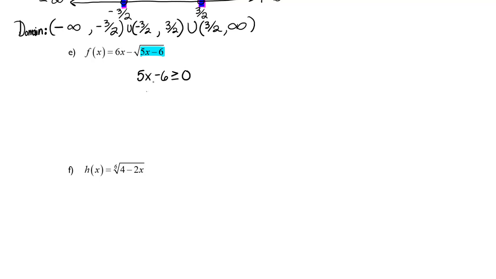If I find the value for x that is true for this inequality, I subtract 6 from both sides, then I divide by 5 on both sides, and x must be greater than or equal to 6/5. There are no restrictions on the first term of this function because 6x has no radical and it has no fraction.